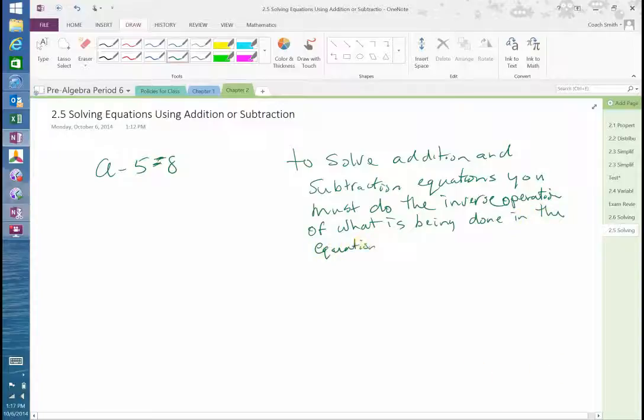In this equation, we're doing subtraction. So the inverse of subtraction is addition.